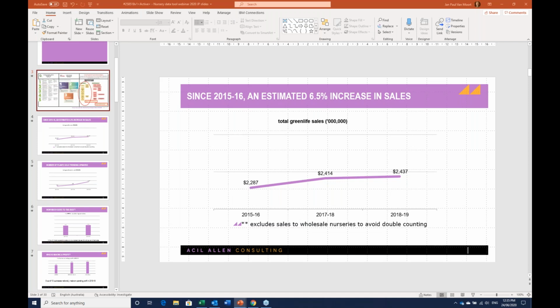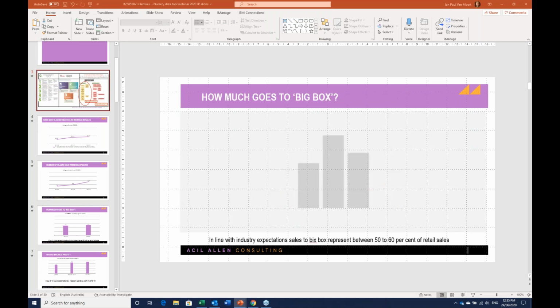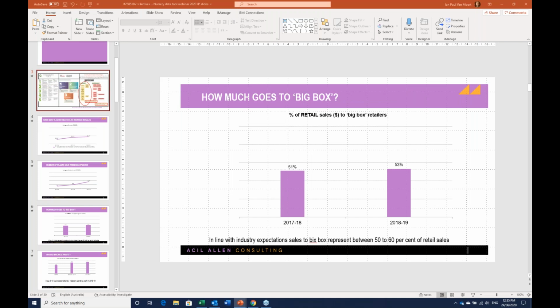So that seems to be a trend that's embedded in the industry, because we've run this tool through the survey 3 times. The second thing, related to that, is that the total volume being sold has gone up as well, taking into account that we obviously have many different units of volume. Interestingly, the proportion of sales going to big box retailers is staying about the same.